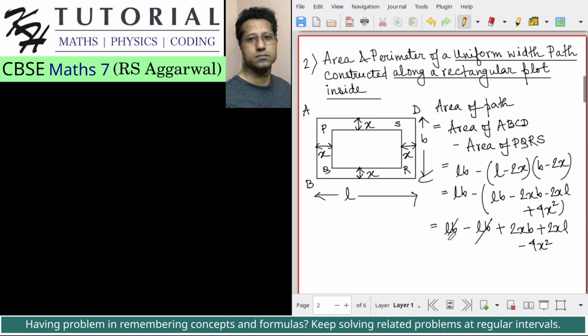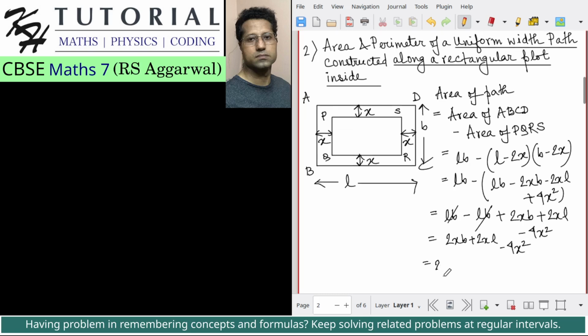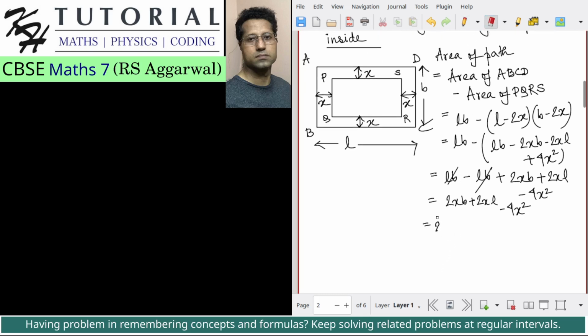So LB cancels out, and this is equal to 2xB plus 2xL minus 4x square. This is equal to x multiplied by 2 multiplied by B plus L minus 4x square.